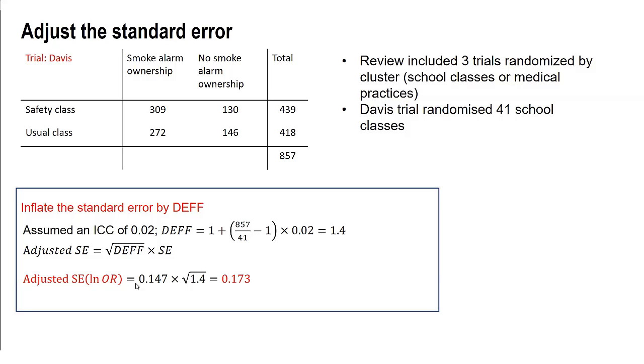So we have 0.147 as our unadjusted standard error multiplied by the square root of the design effect, and we get the adjusted standard error of 0.173. You can see that that is exactly the same as what we calculated when we used the other option of dividing the number of participants in each of the cells by the design effect.